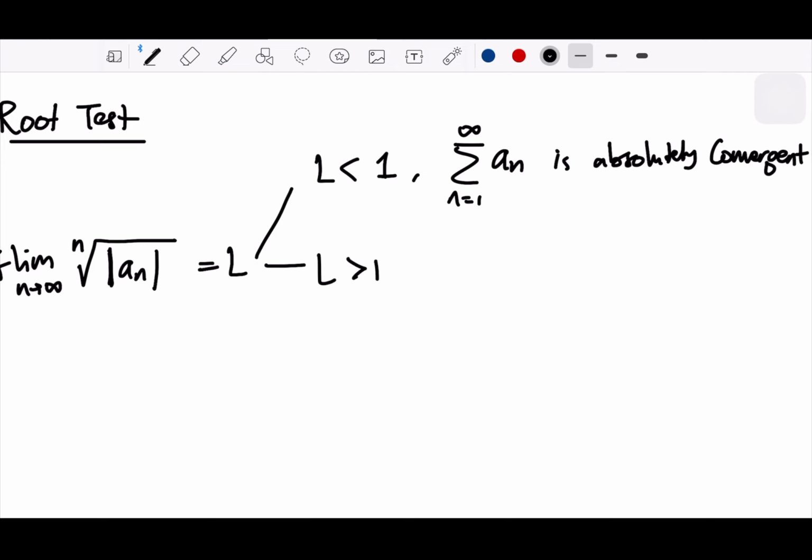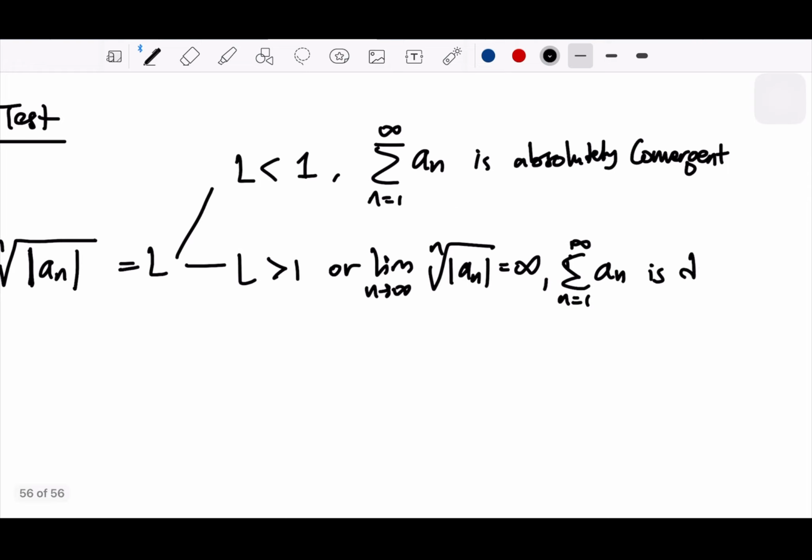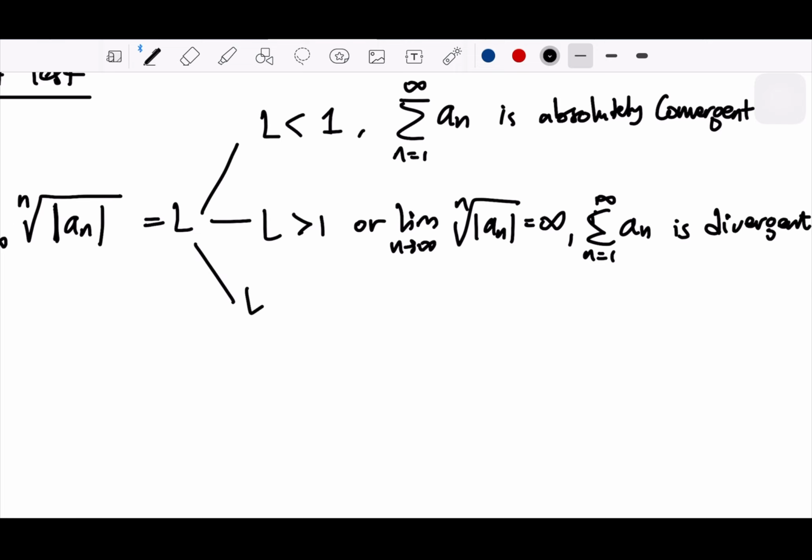L greater than 1, or the limit is infinity, then the series is divergent. And L equal to 1, same as the ratio test, is inconclusive.